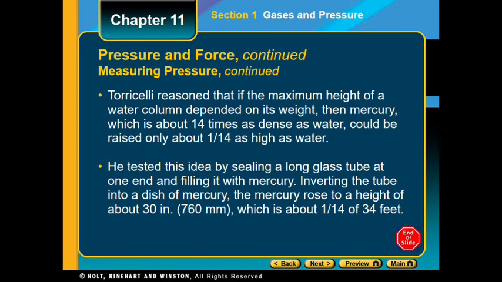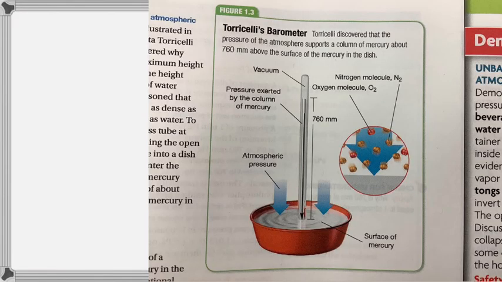So let's go look to see what a barometer looks like, and you should do a quick drawing of this in your notes too. So here is an example of Torricelli's barometer. Again, do a quick drawing here. You basically have a dish of mercury. So the dish of mercury, you have an inverted column with mercury in it, but atmospheric pressure is pushing down on that dish.